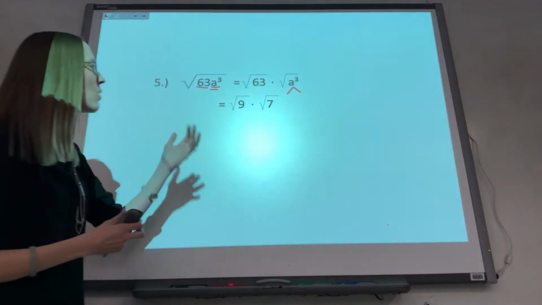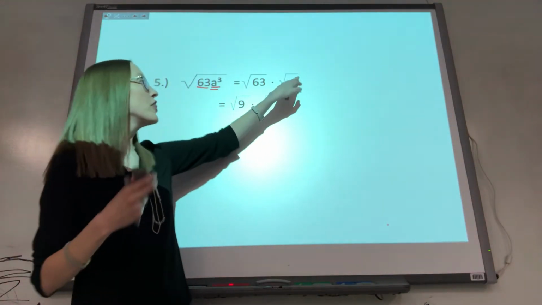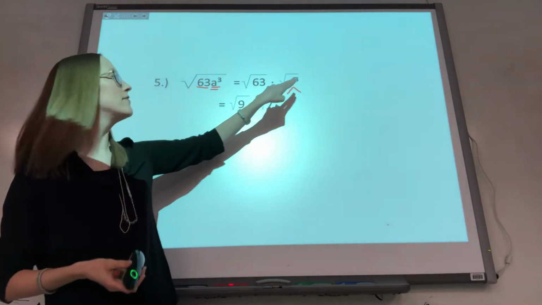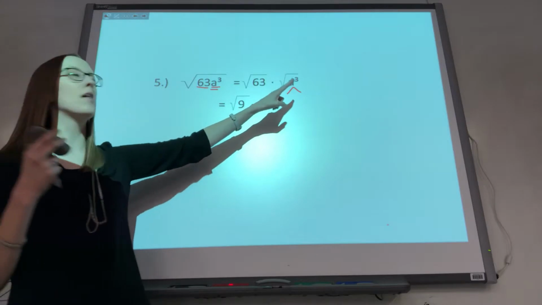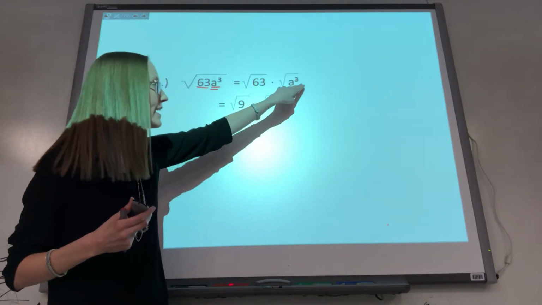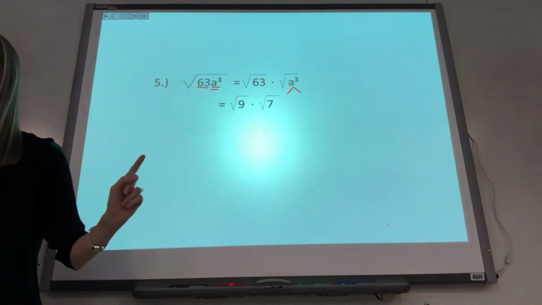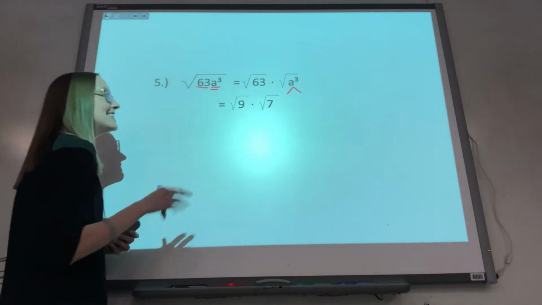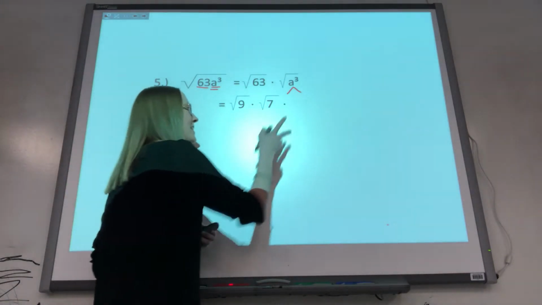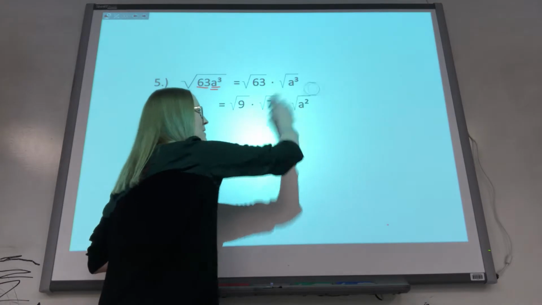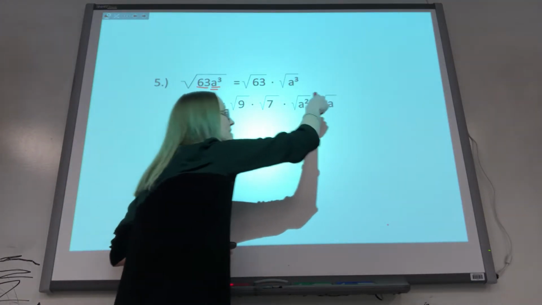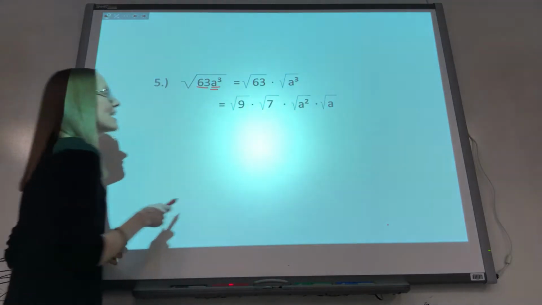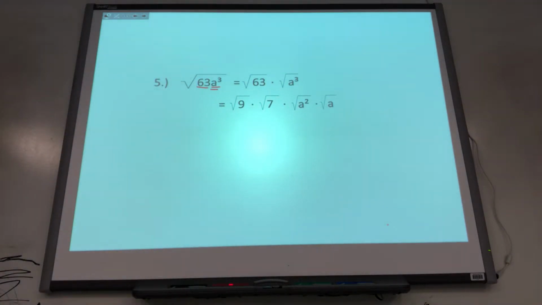Thinking about what we need first here, 3 can't be divided by 2, but what is the next biggest number less than 3 that can be divided by 2? 2. Yeah, it doesn't always work out to just be the number, but a lot of times it does. And then a squared times a, that's the last part that we would need for the a cubed.